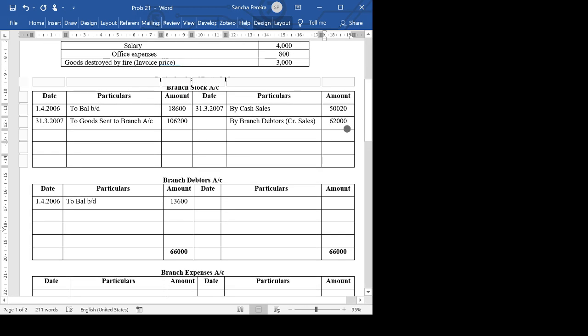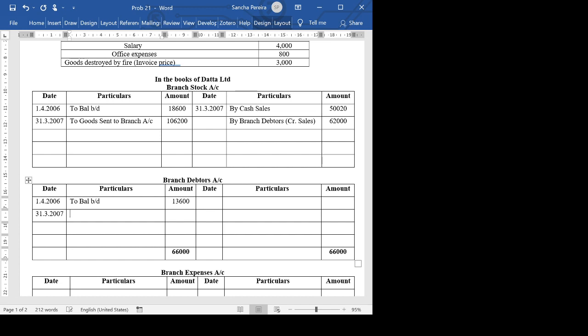And in branch debtors, you have it as to branch stock, credit sales, 62,000.